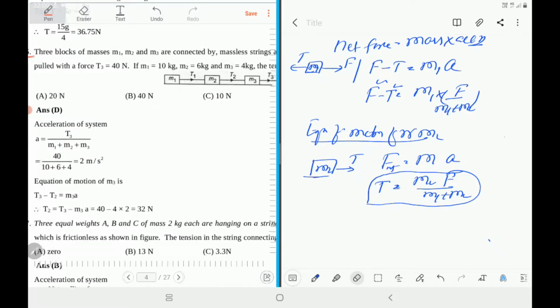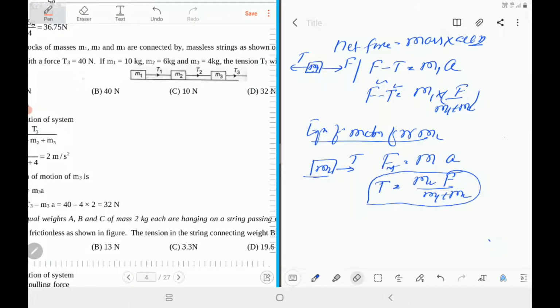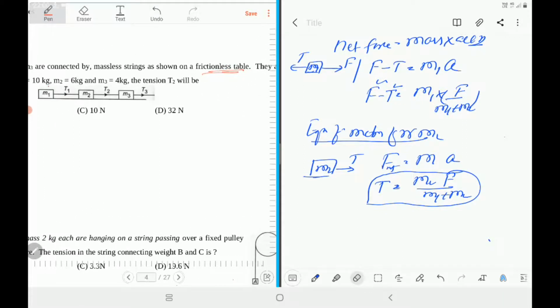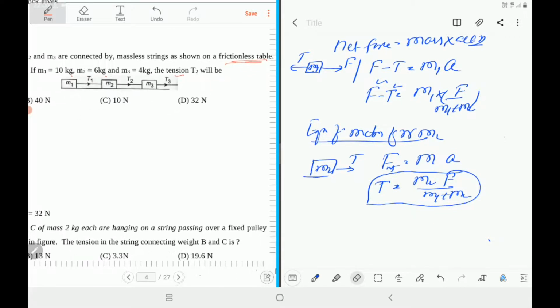They are pulled with a force T3 of 40 Newton, mass M1 10, mass M2 6, mass M3 4 kg. And it shows in the diagram that the force is acting on the mass M3. What is tension T2? We have to find T2. It's very simple, children. So as shown already, tension between masses M1, M2 is T2.